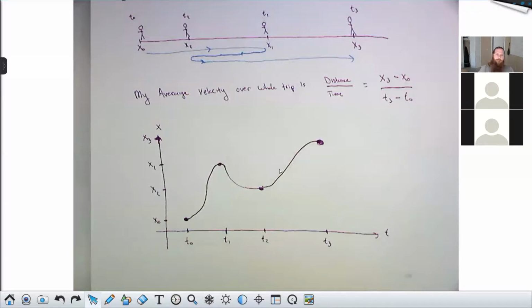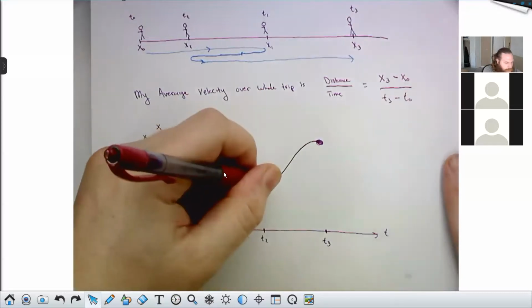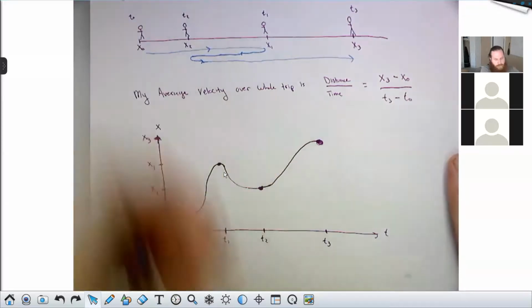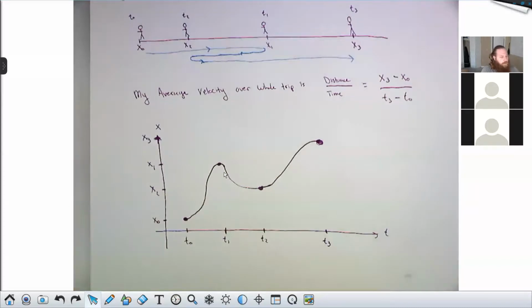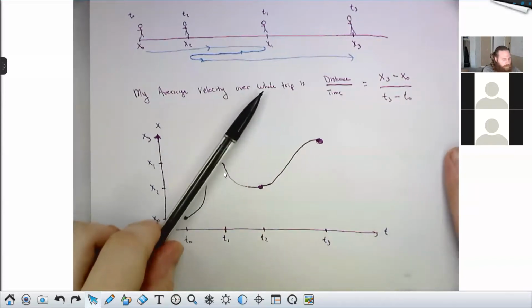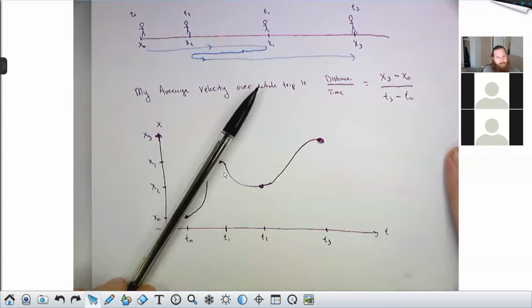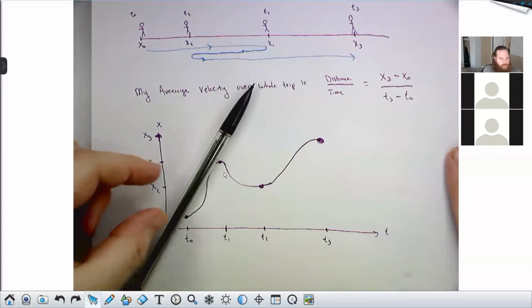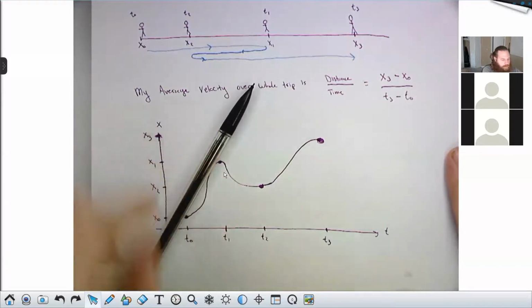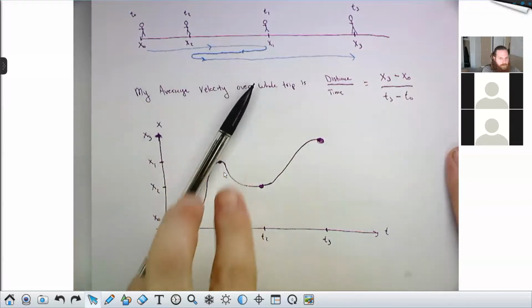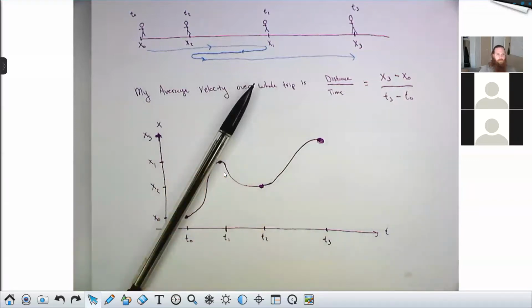If I want to know how fast I am going at any given moment, let me back up. If I want to know my average speed from time T0 to time T1, that would be the slope of this pencil. My distance traveled, which is the rise, divided by the time it took me to travel that distance, which is the run.